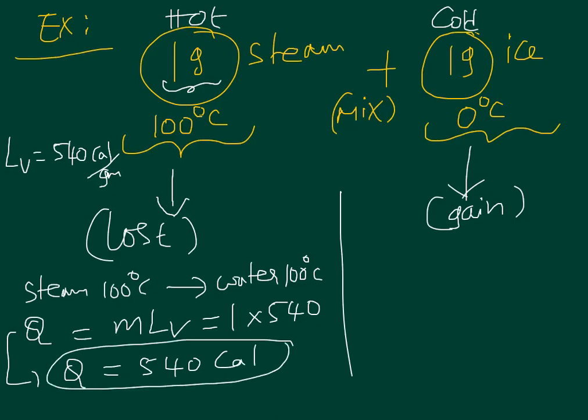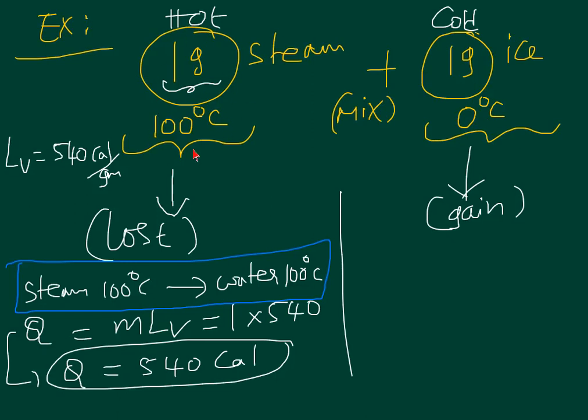Suppose I am checking this. Suppose steam at 100 degrees centigrade is converting to water at 100 degrees centigrade, because steam is a hot body and it loses heat energy. It is already at 100 degrees centigrade.